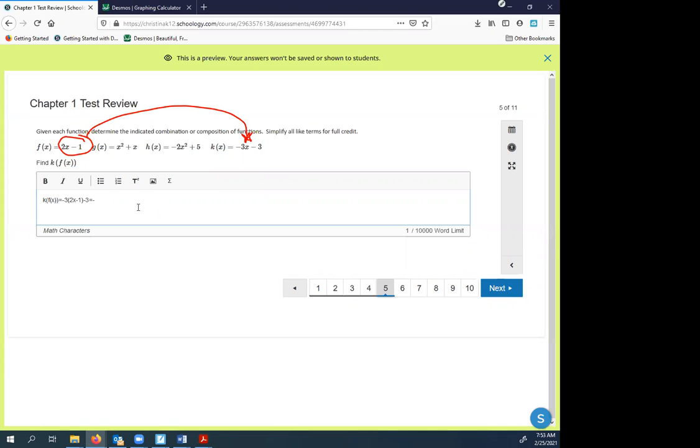That gives me negative 6x. Negative 3 times 1 is a plus 3. And then it has minus 3. Minus 3 and plus 3 just cancel out, giving me negative 6x. And that's it for composing that function.